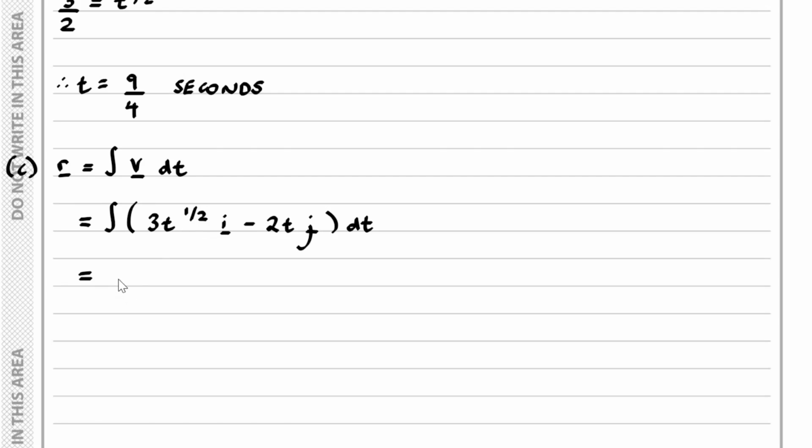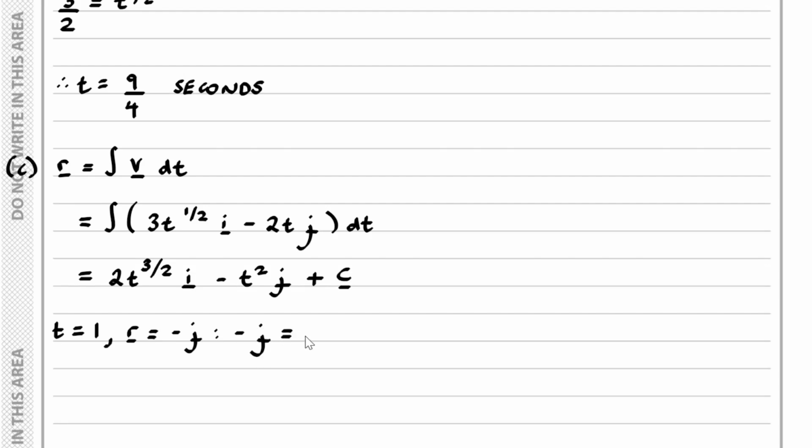Integrating 3t to the power of 1/2, we end up with 2t to the power of 3 over 2 in the i direction, and in the j direction, integrating 2t, we end up with t squared. And we've got a constant of integration, which we'll call c. Now, we also know when t equals 1, r is equal to minus j.